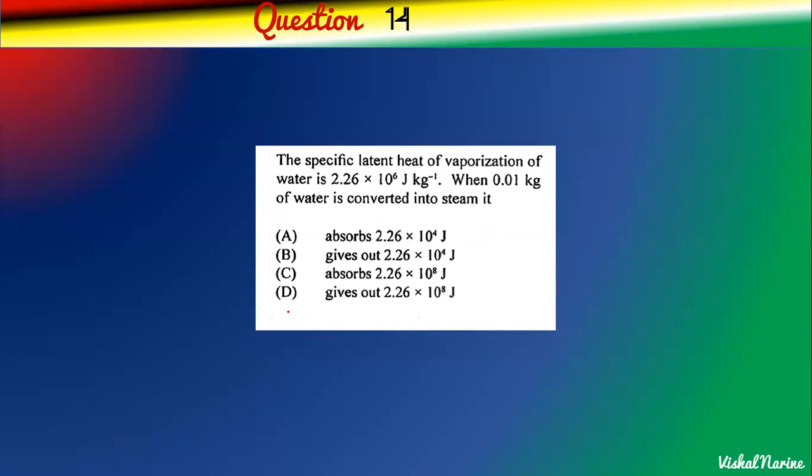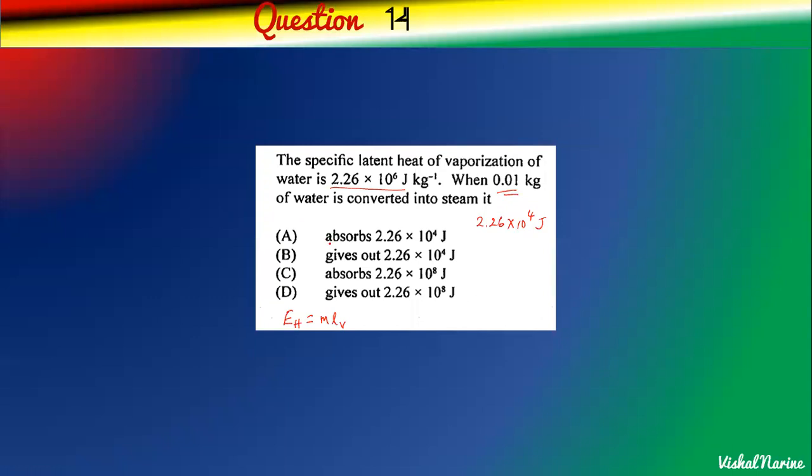So we're using the formula E_H is equal to ML, and this will be M L_V. Good. So basically, we're multiplying the mass and the specific latent heat of vaporization. So we will have a numerical value of 2.26 times 10 to the 4 joules.